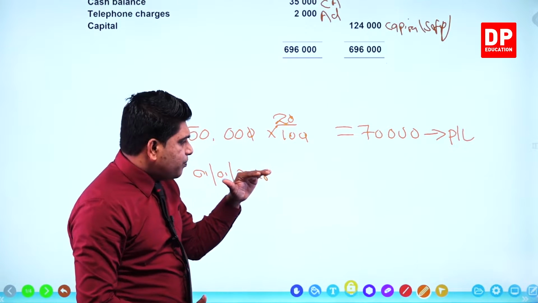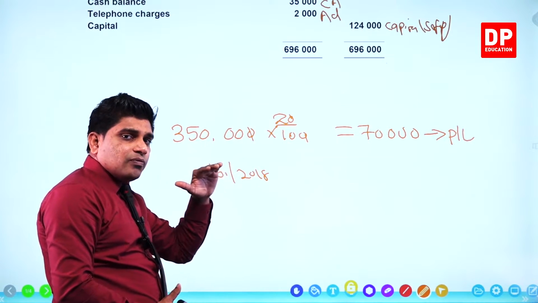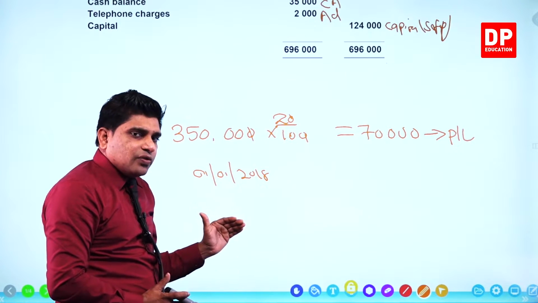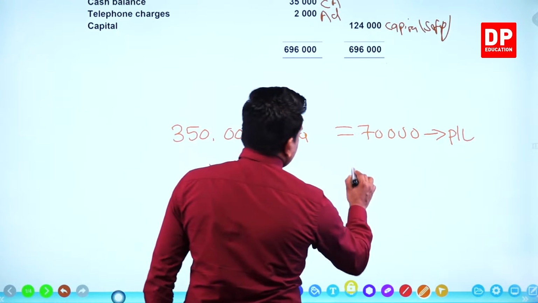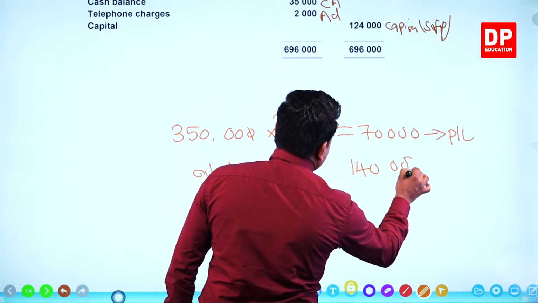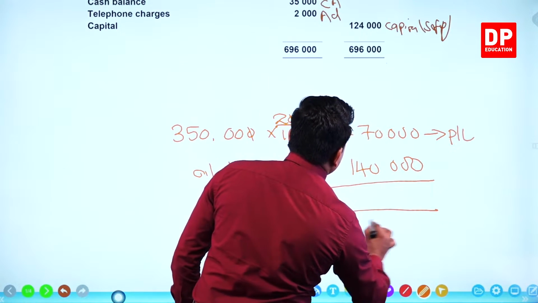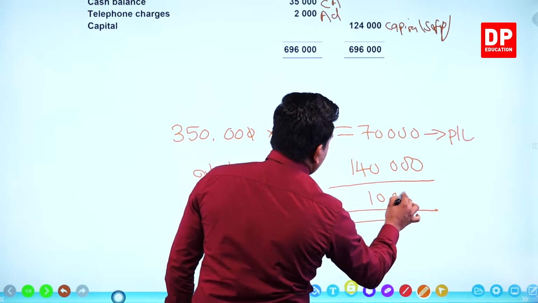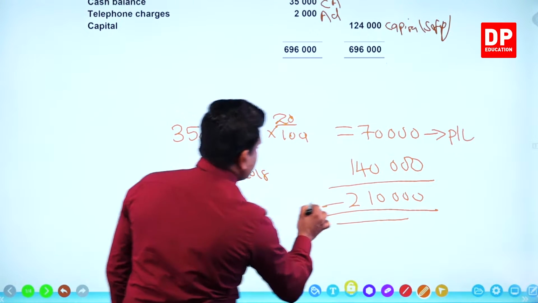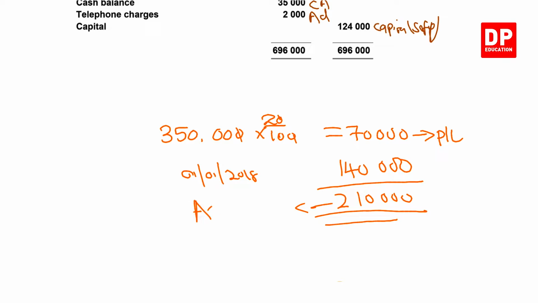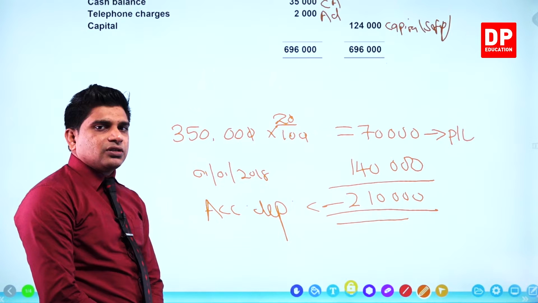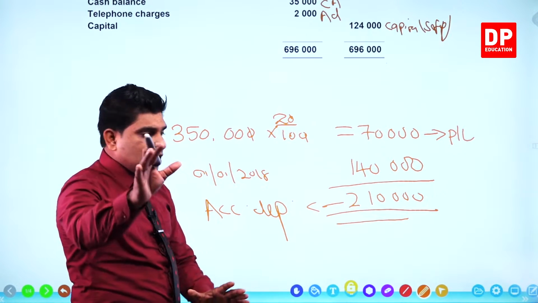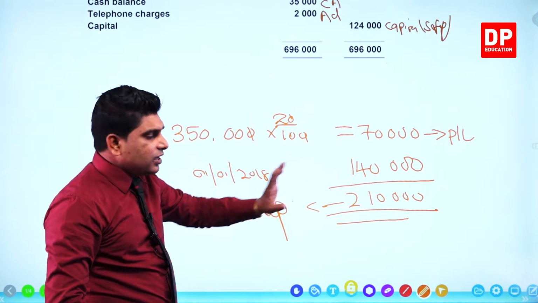But before 1st of January, the total depreciation is 140,000, right? Then how much is the accumulated depreciation? 210,000. This one goes to accumulated depreciation. Now write this down, right?